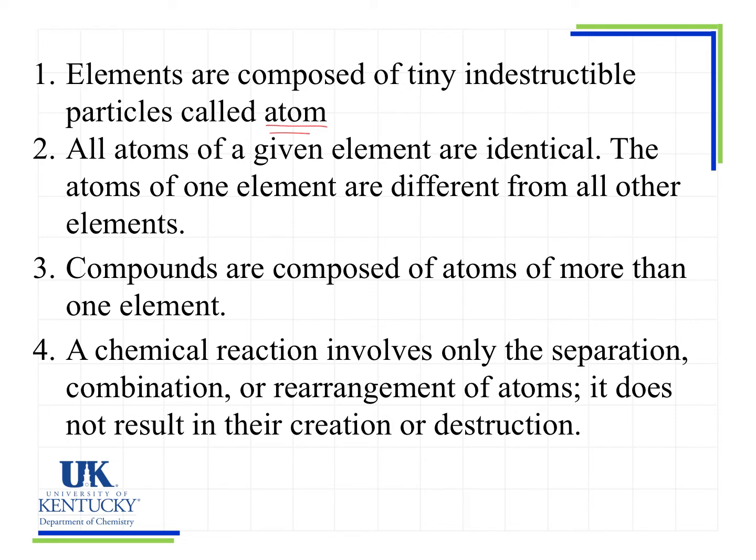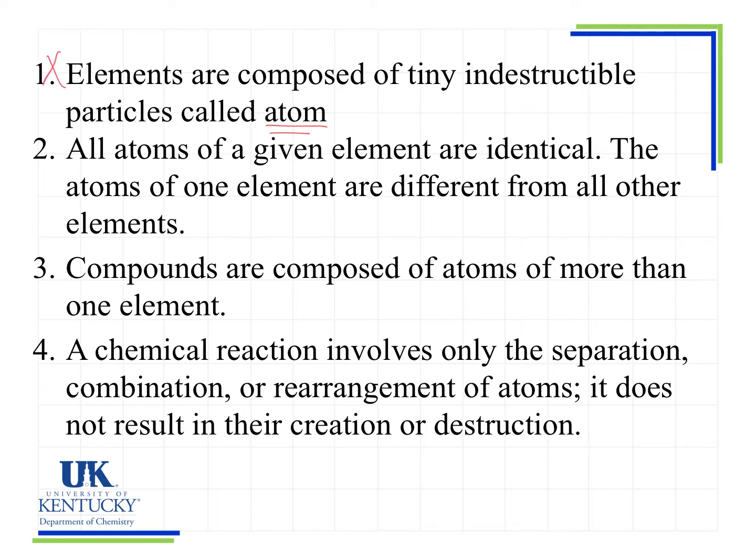So if we look back at these four statements, let's see which of these four is still true. The first one says elements are composed of tiny indestructible particles called atoms. This is mainly true, but not completely true as of now.